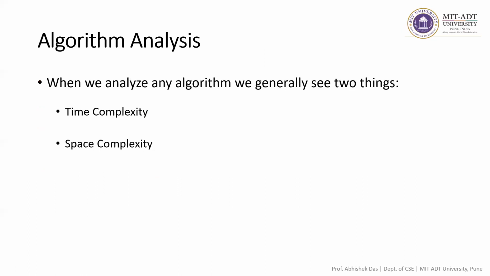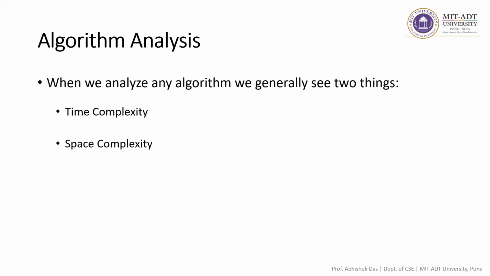Now coming to the concept of the time complexity and the space complexity. Now, time complexity can be defined as the number of times a particular instruction set is executed, rather than the total time taken by a particular algorithm.